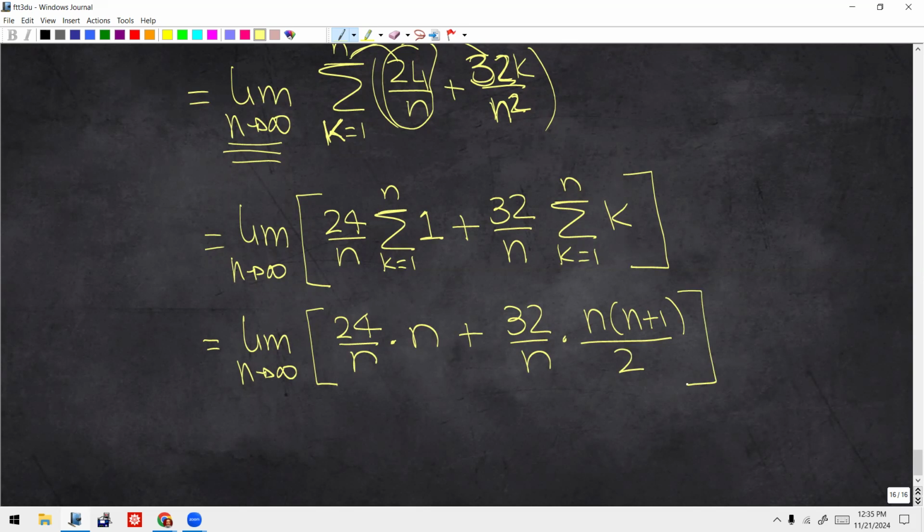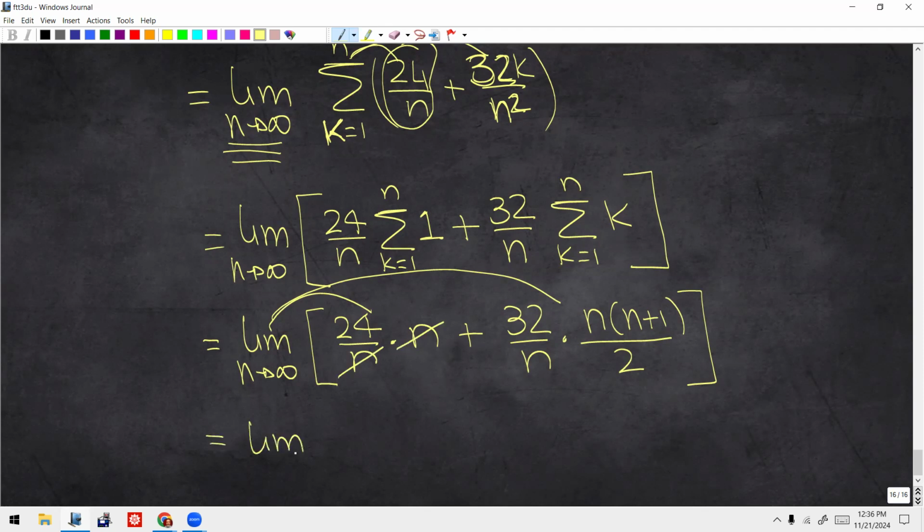Good. Now let's clean this up. One of the properties of limits is what? You can distribute a limit, right? So I'm going to do that. And as I distribute, I'm going to clean it up. Like, for example, in this case, the n's will cancel.